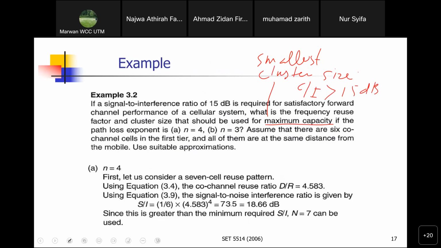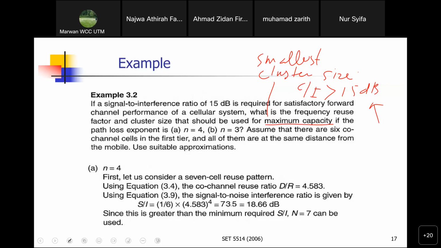With the smallest cluster size, per cluster you have more frequencies inside. So you need to find the smallest cluster size that can give a C over I bigger than 15 dB, because you are required to have a network at 15 dB.